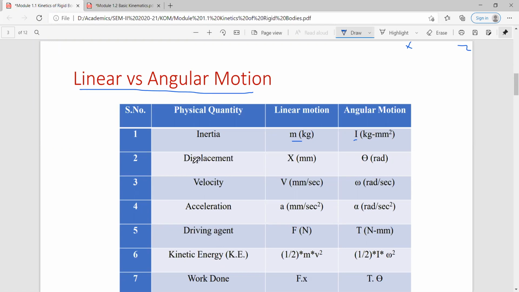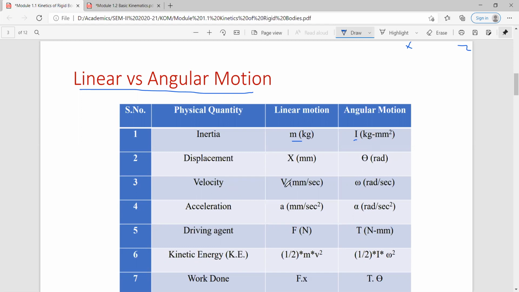Then next is your displacement. In case of linear motion, displacement is linear displacement, x, unit is mm. But in case of angular motion, displacement is in terms of angle, angular displacement. We denote it by theta, and it is measured in radian.